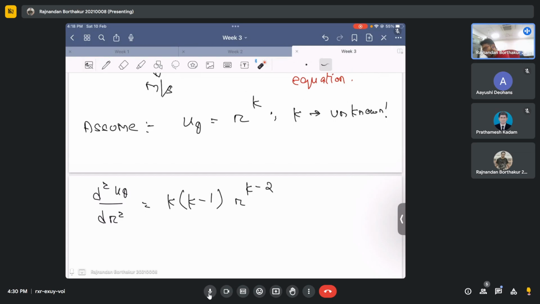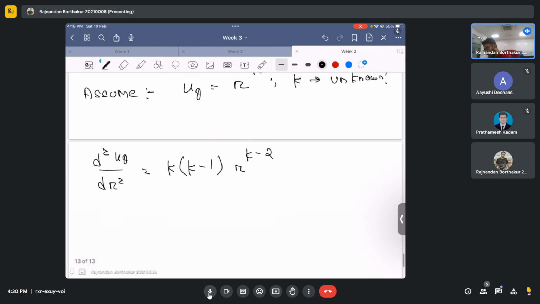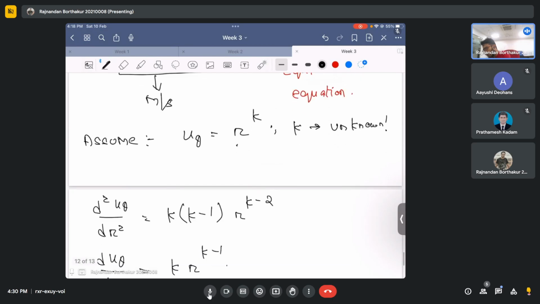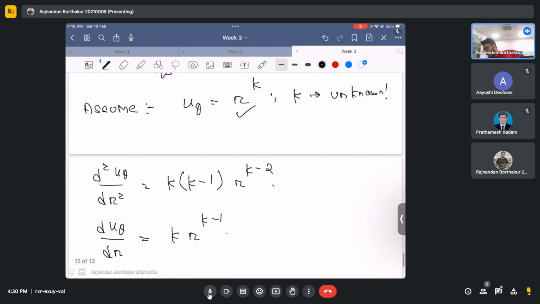That is simply because du theta by dr would be k times r power k minus 1, and if you take one more derivative, you end up with k times k minus 1 times r power k minus 2. Similarly, du theta by dr would be just k times r power k minus 1. So now we know u theta and its derivatives.